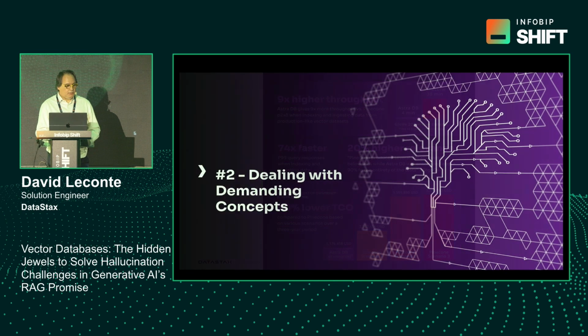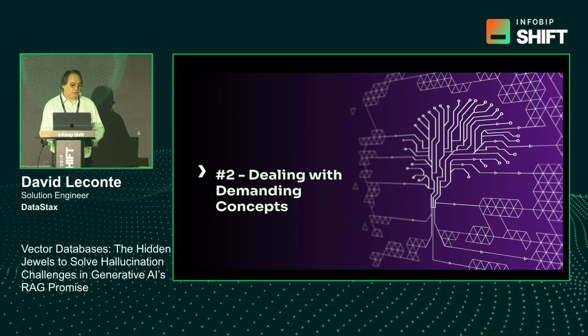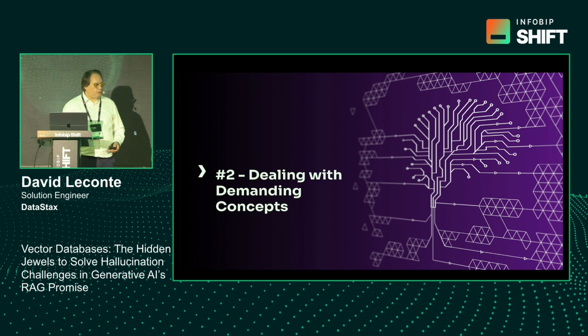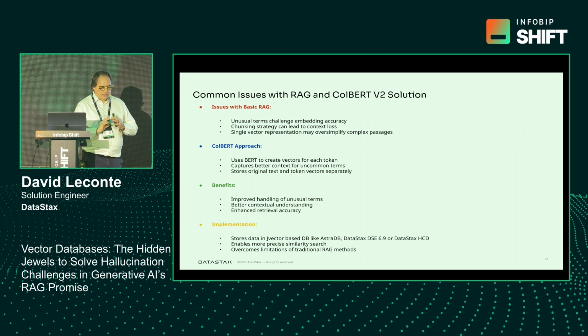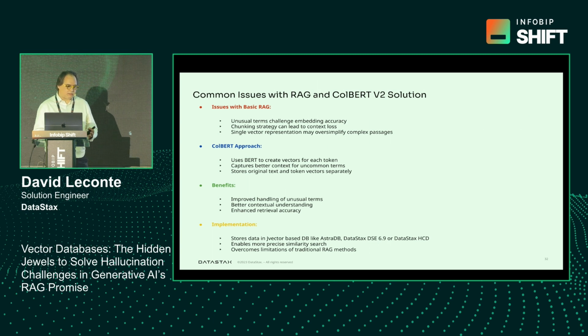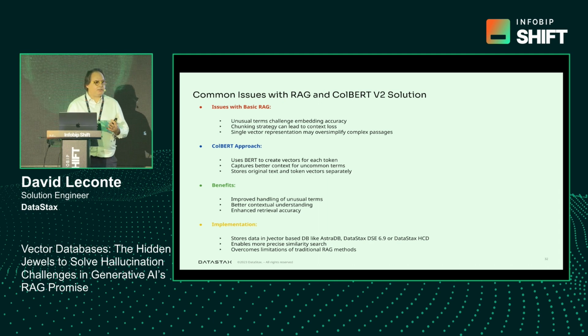And then you will have the ability to deal with demanding concepts. Meaning from that, if you want to implement ColBERT v2, for instance, which allows you to deal with very specific use cases where you need to push high context by creating new dimensions on each chunk, if you don't have the proper indexing methodology, you will never be able to get ColBERT v2 working.